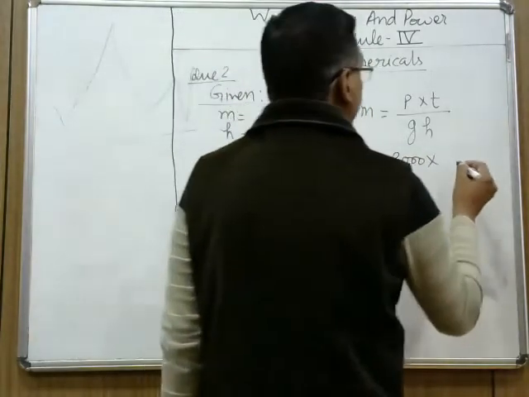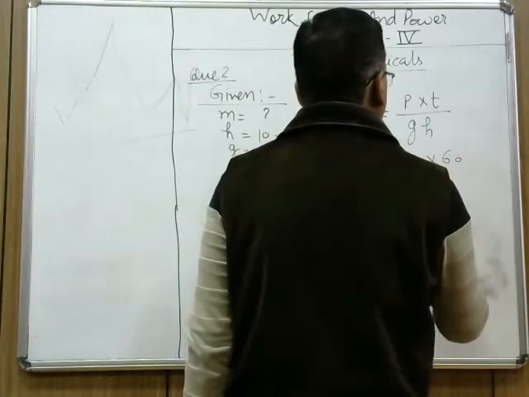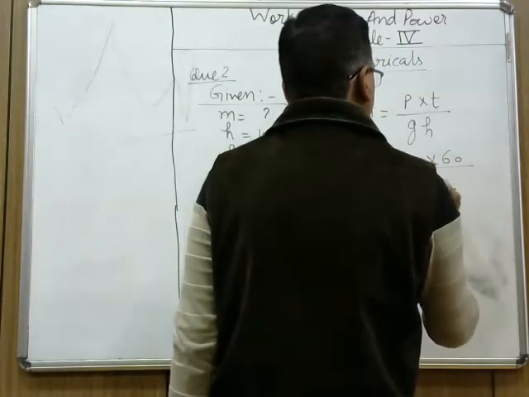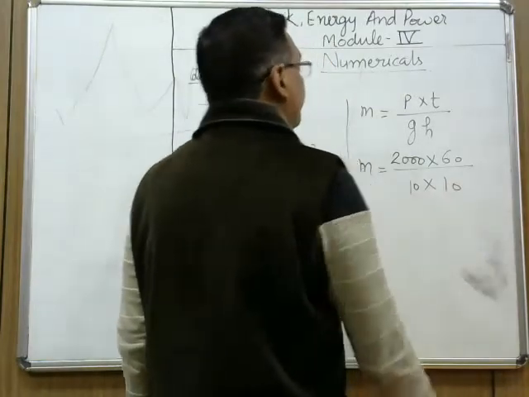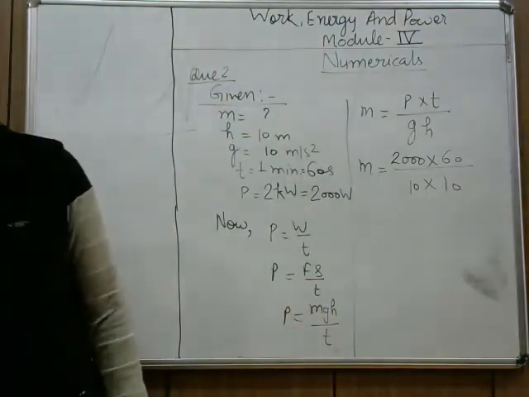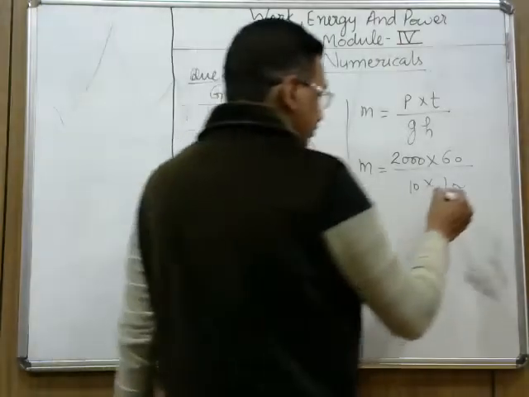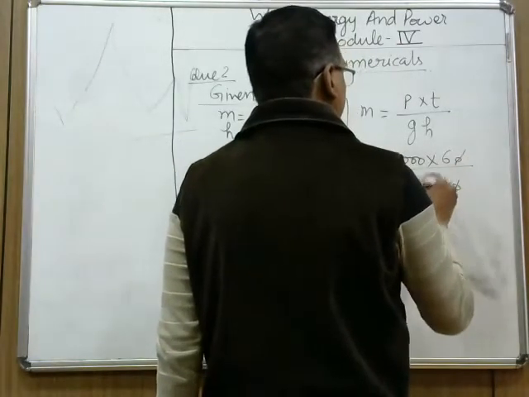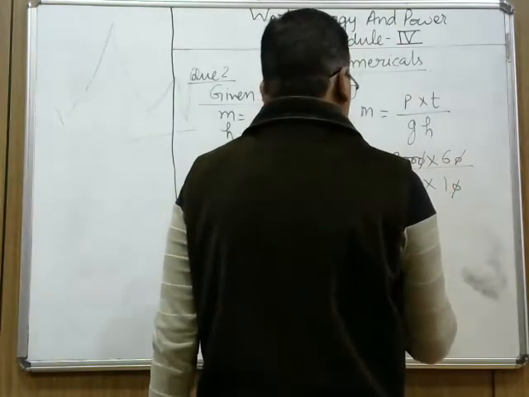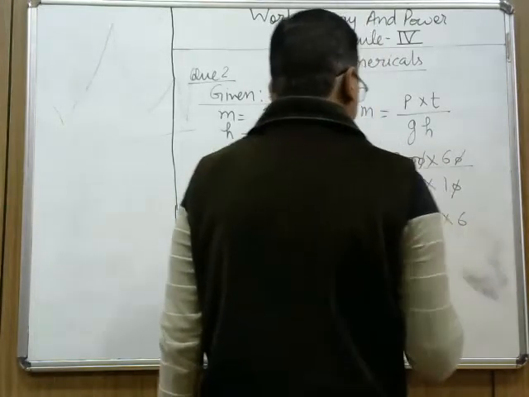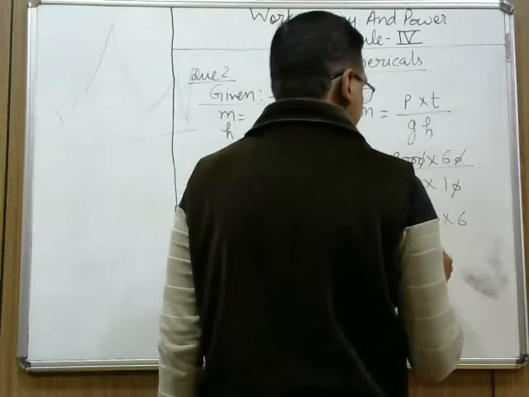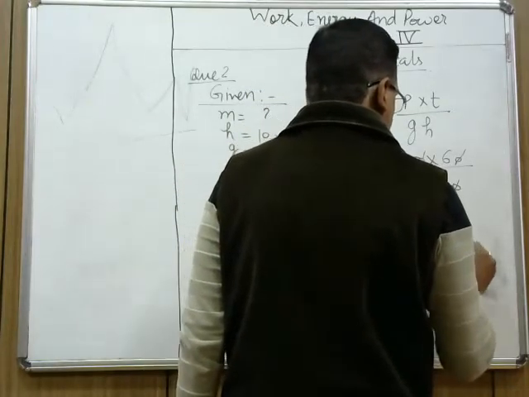Time is 60 seconds. g is 10 and height is also 10. So, 0 is cancelled by this, 0 is cancelled by this, m equals 200 into 6 and mass is 1200 kg.